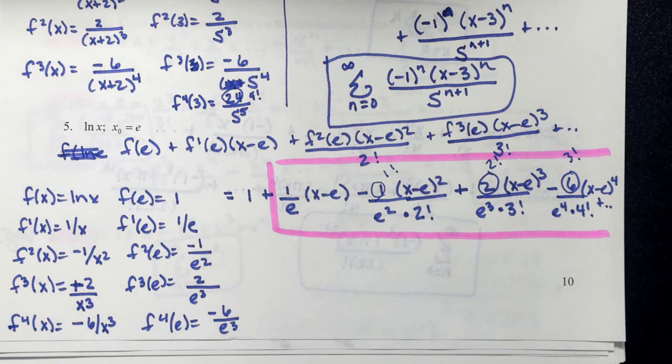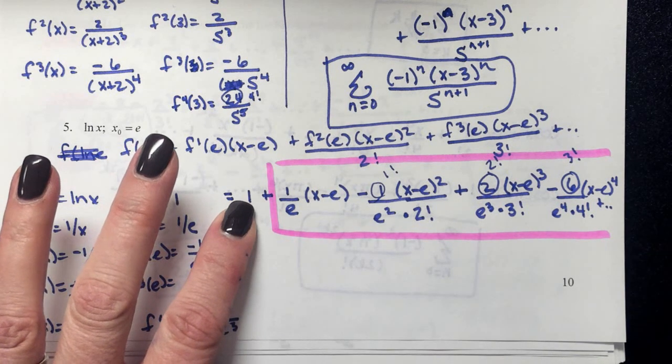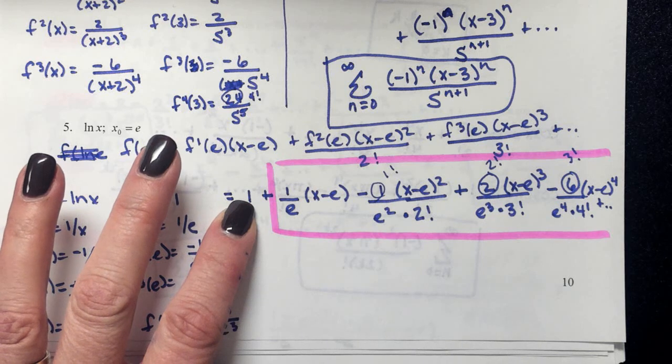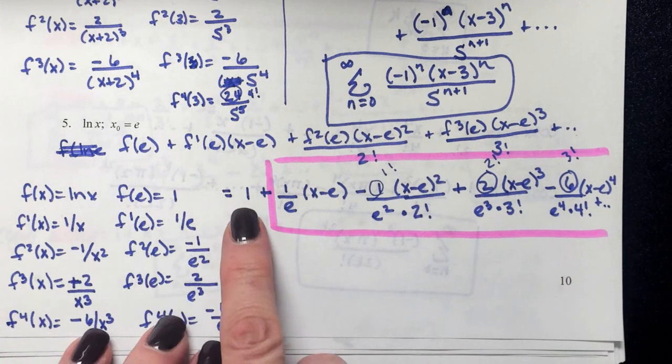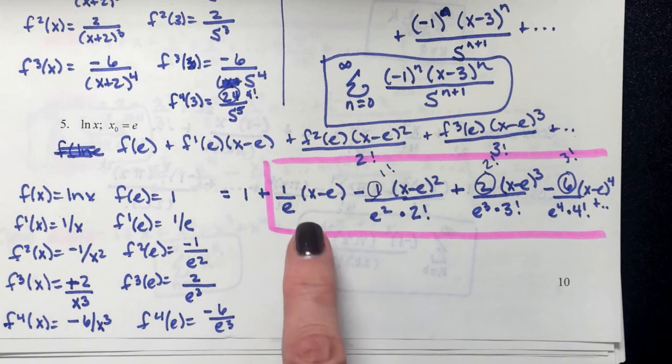So what happens is when you go to express your sigma notation, we're simply going to take this 1, because remember what sigma means. Sigma means a sum. So what I'm going to do with this 1 is I'm just going to add it to my sigma notation. So instead of that lower index starting with a 0 term, I'm going to start with where n is equal to 1, because the pattern is starting when n is equal to 1.